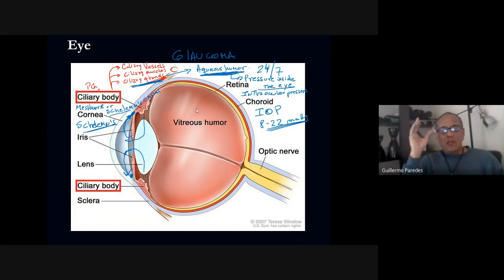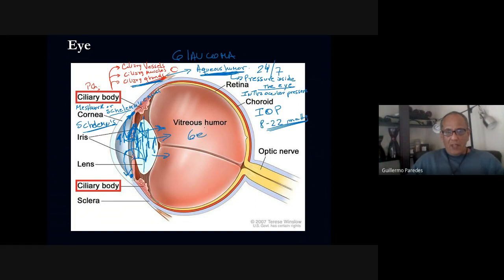When you have increased pressure of the aqueous humor, it is going to increase pressure here in the anterior chamber and the posterior chamber. This increased pressure of the anterior and posterior chambers is going to push back the vitreous body.